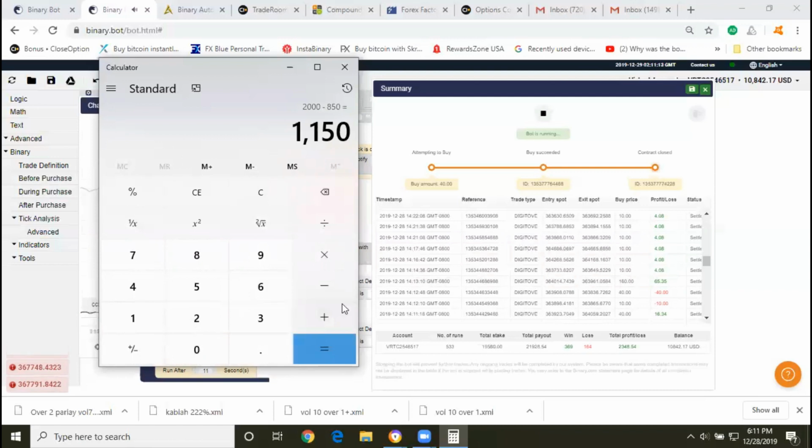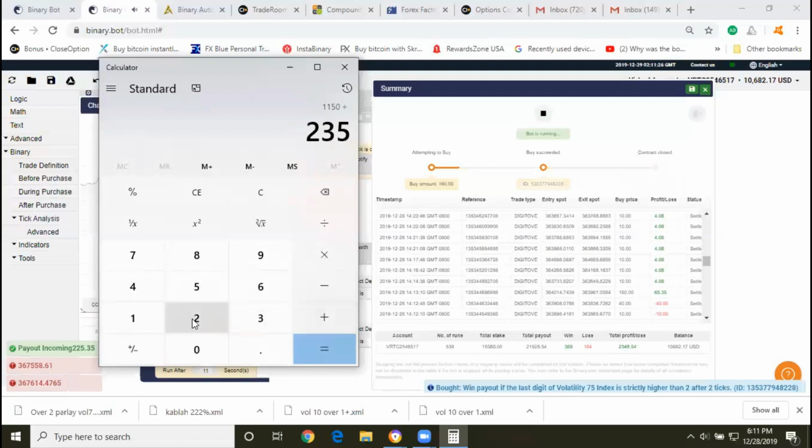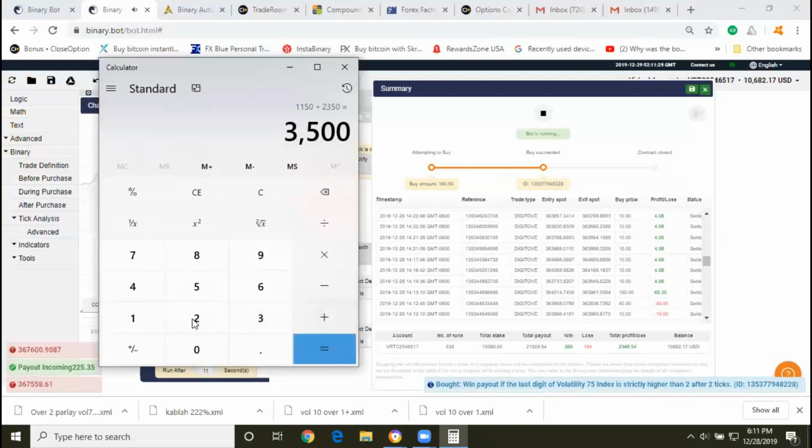But I take a fourth level loss, and I have right now the profit of pretty much 2,350. 2,350 is my current profit. So I have 3,500 of margin left after the fourth level loss.